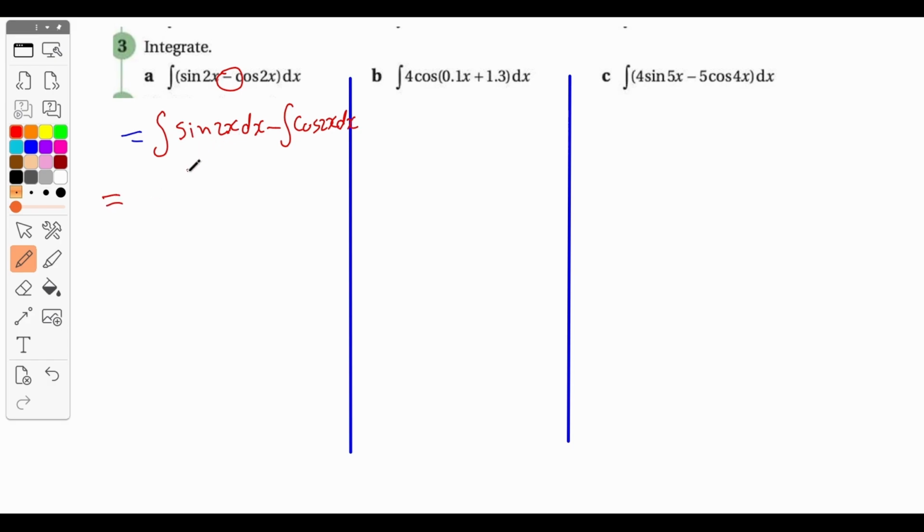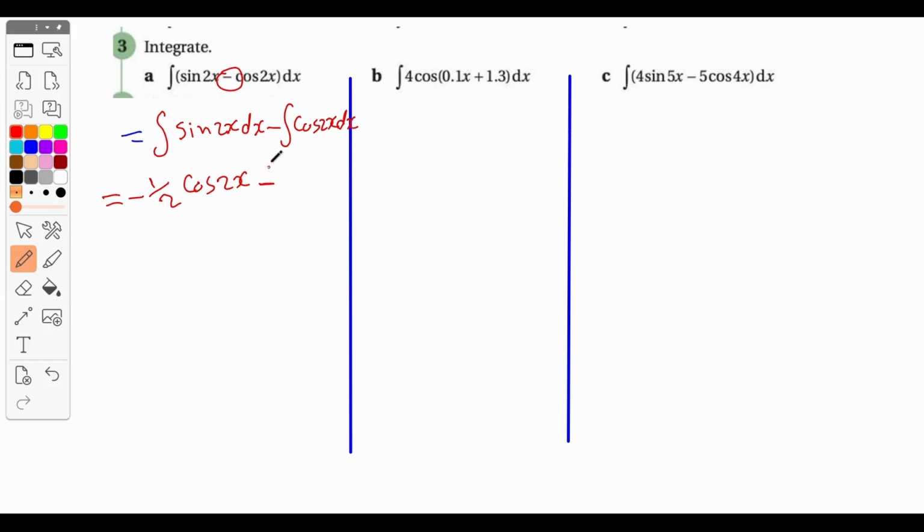What's the integral of sine 2x? The integral of sine is negative cosine, so negative half, because ax here. So negative 1 over a, negative 1 over 2, cosine 2x. What about this?